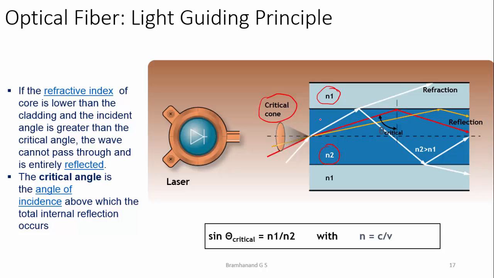Some percentage of my light might get refracted to my cladding, which gives rise to attenuation. But the percentage of refraction should be managed such that a high percentage of my light goes within my core.